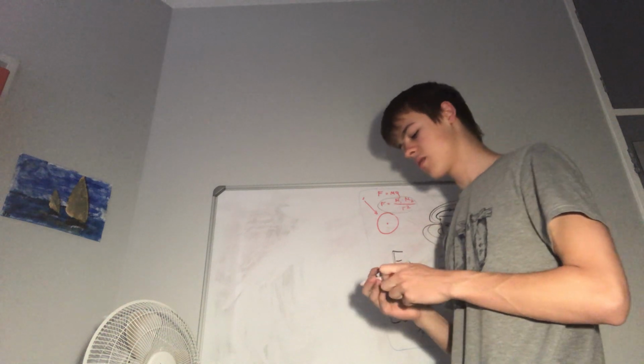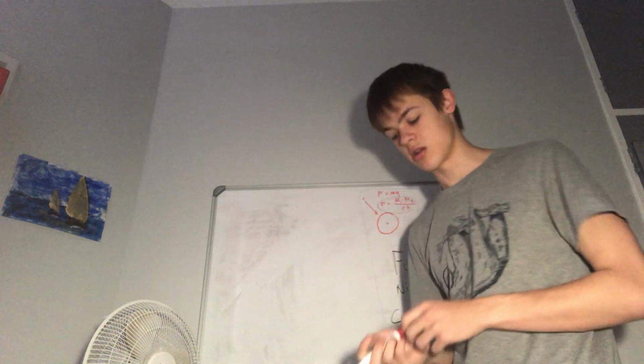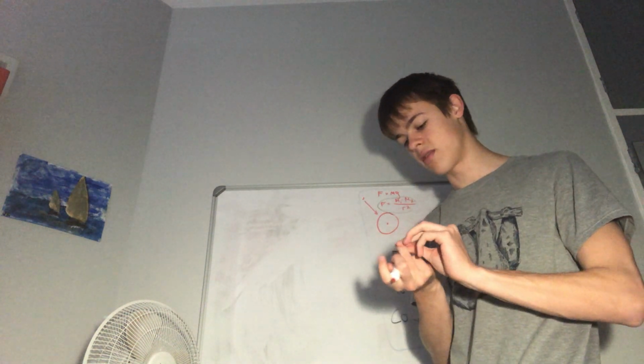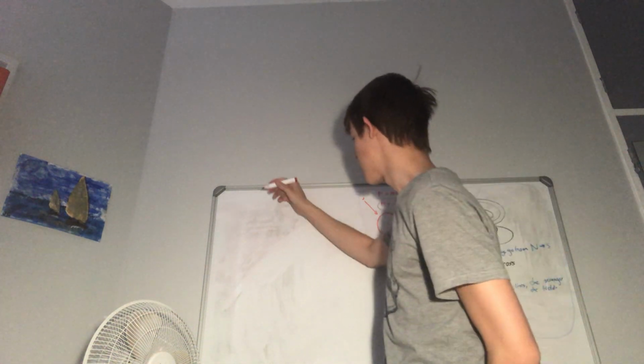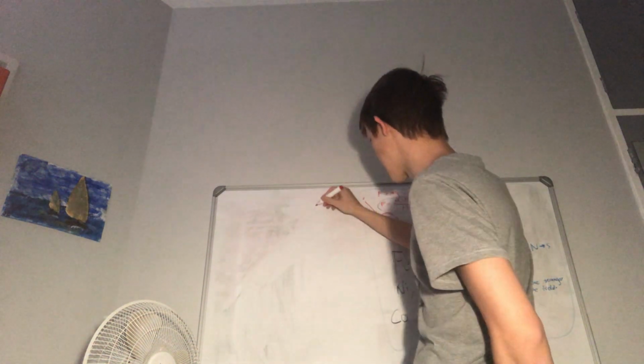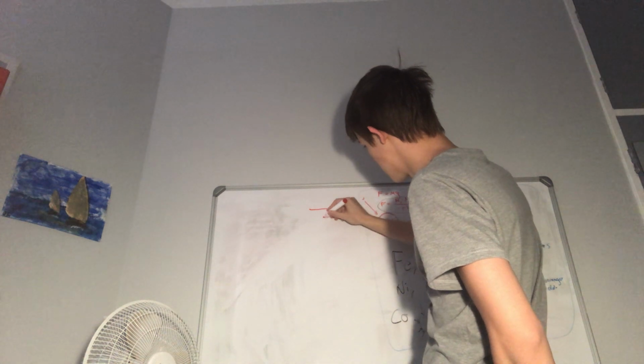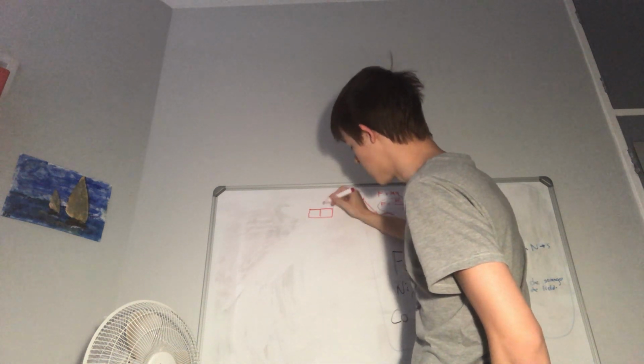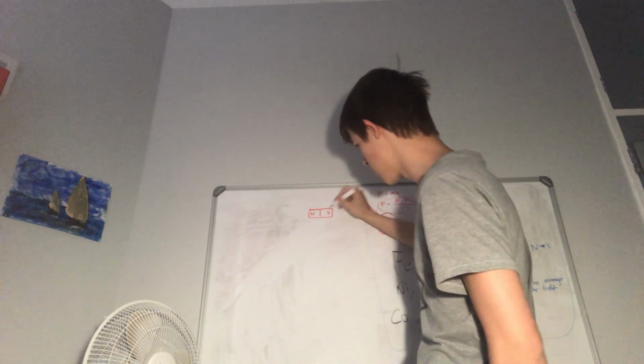Okay, so let's start with some examples of magnetic field diagrams. The first one that we already did, but let's do it again, is your magnet. They define the North Pole and the South Pole for the magnet.